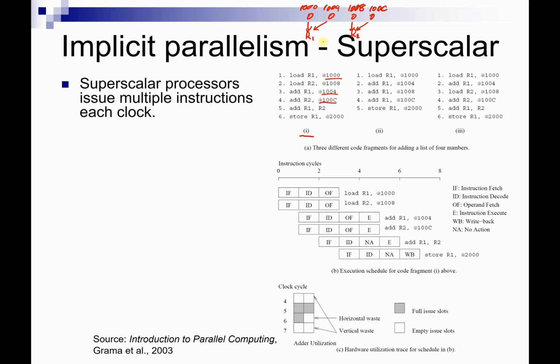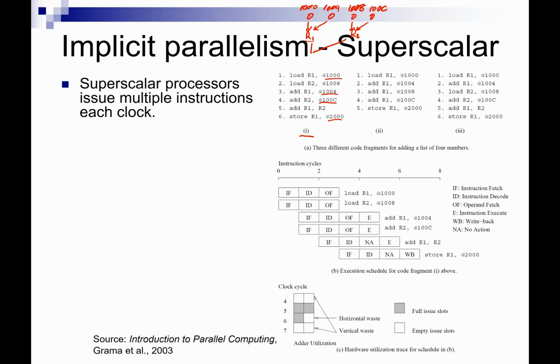And lastly, we're going to add up the values in register 1 and register 2. You see that now we've added together all four numbers, because after the third time step, R1 is the sum of the first two numbers, R2 is the sum of the next two numbers, and after step 5, we've added together all of the four numbers. Then we can store the result somewhere.